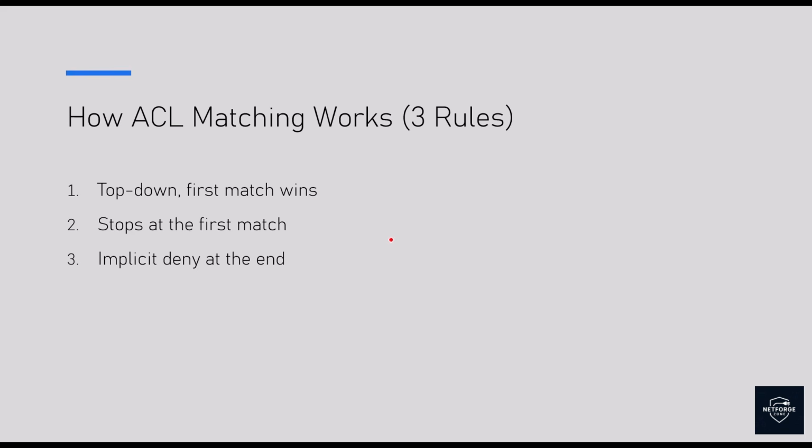Let's say I have an interface like this, and this interface is going to have an access control list on it. The access control list is either inbound or outbound. We're going to check this later.